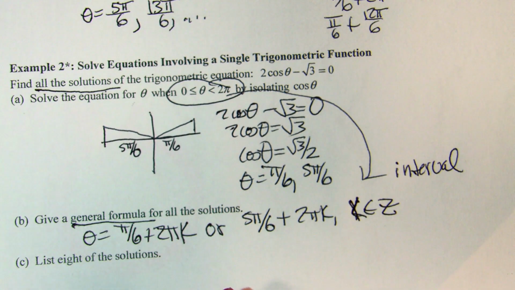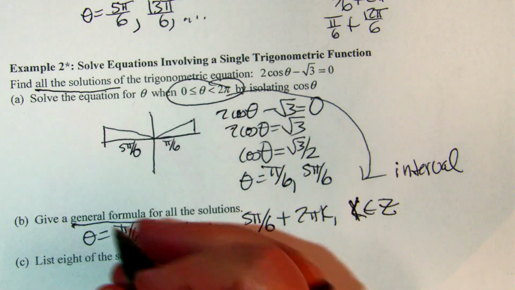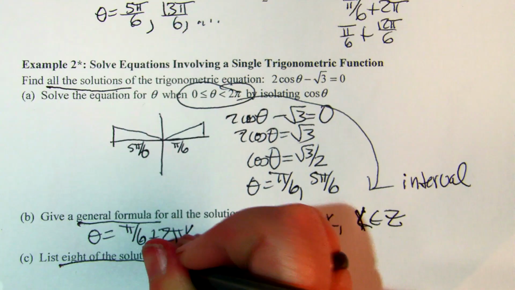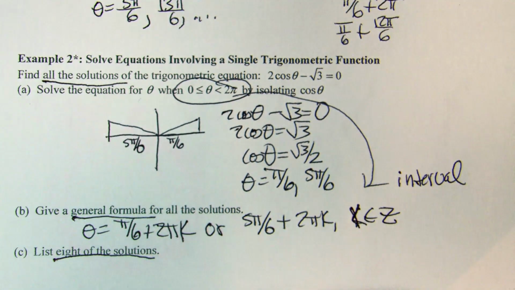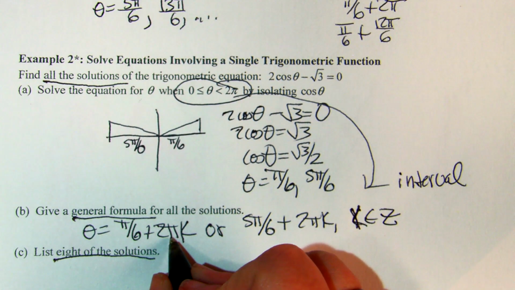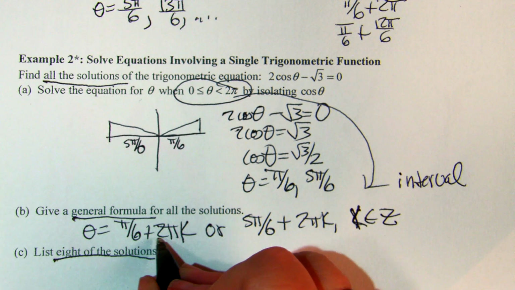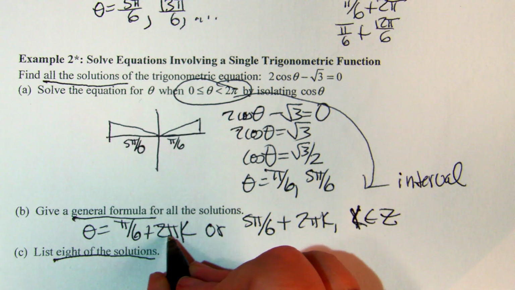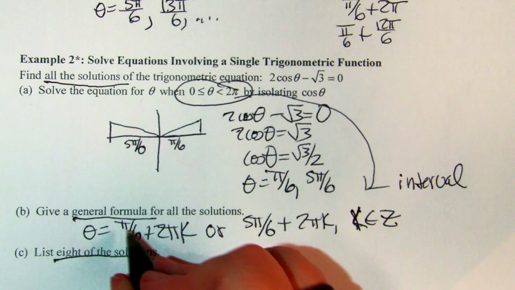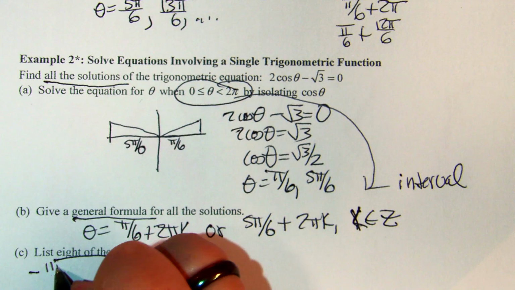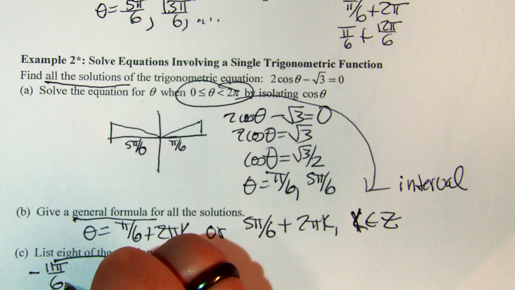So here they want other solutions. So if k is -1, you subtract 2 pi k. So it's -2 pi. So it's -12 pi over 6 plus 1 pi over 6 is -11 pi over 6.